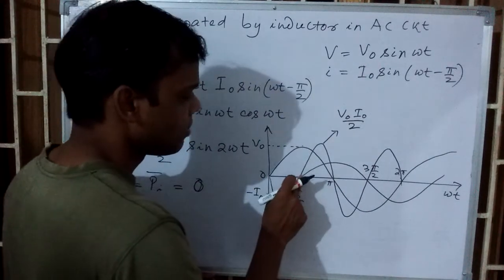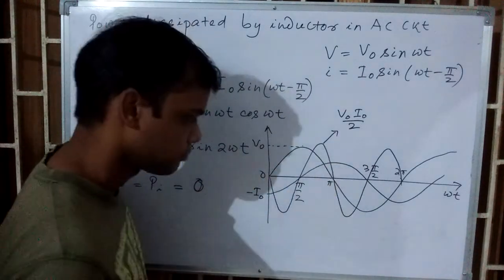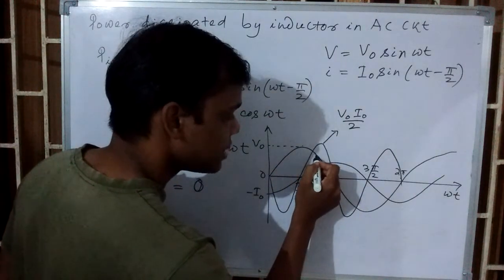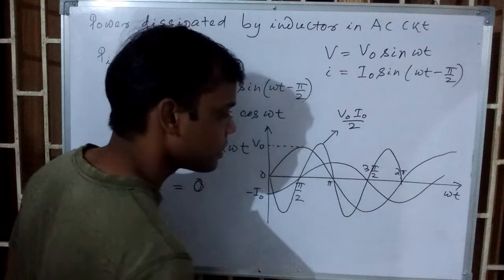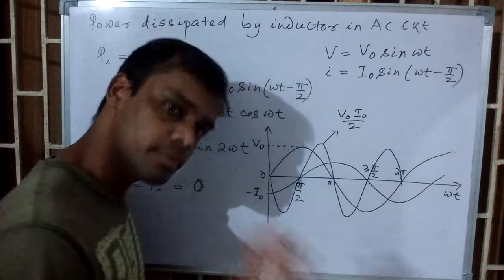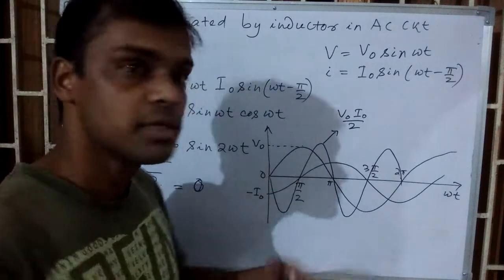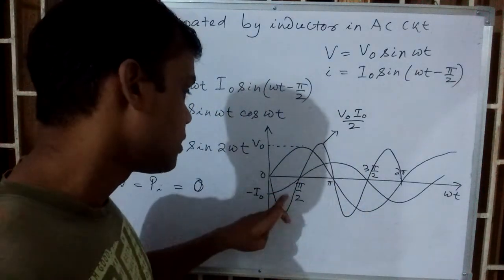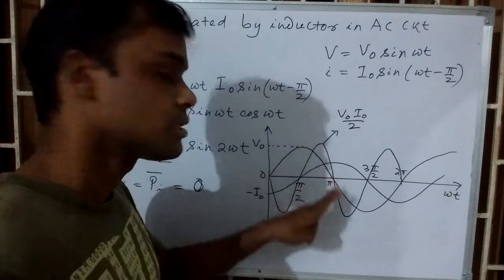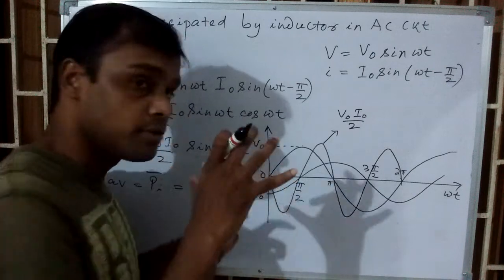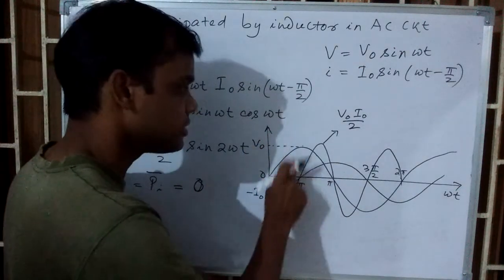Then from pi by 2 to pi, you see here, this is positive, voltage is positive, current is positive, positive into positive, positive, so power is positive. That means positive power means here dissipation. That means inductor is dissipating power, consuming power. That means you can easily say this value is equal to this value.